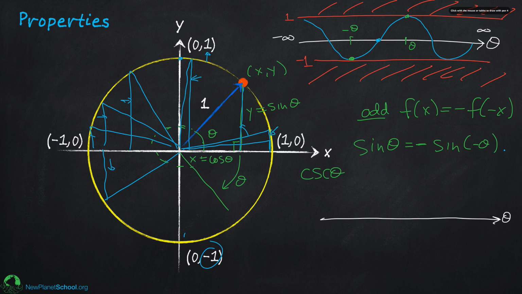Instead of doing this height divided by the hypotenuse, because remember sine is opposite over hypotenuse, I'm going to do hypotenuse over opposite. But when the opposite, which is this height right here, becomes really small, this thing becomes really big. And so what will happen is it will actually go to infinity.